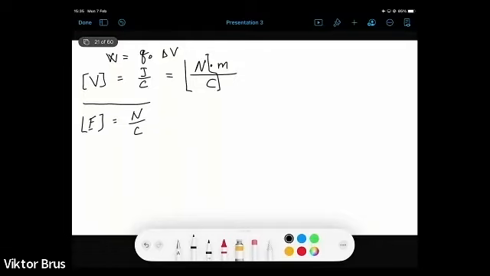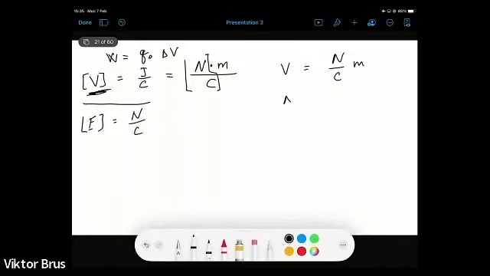we can rearrange it. Here in the left side we have potential. Let's write it here: potential is equal to Newton per Coulomb times meter.